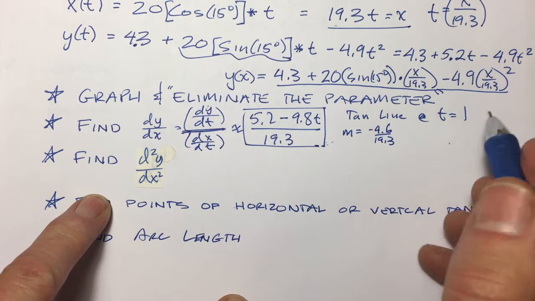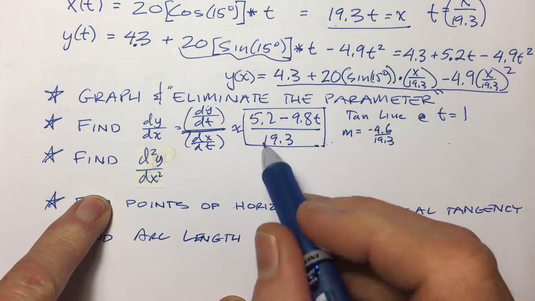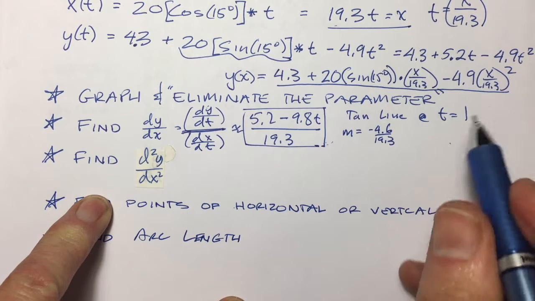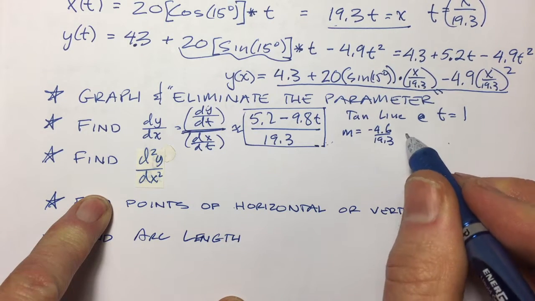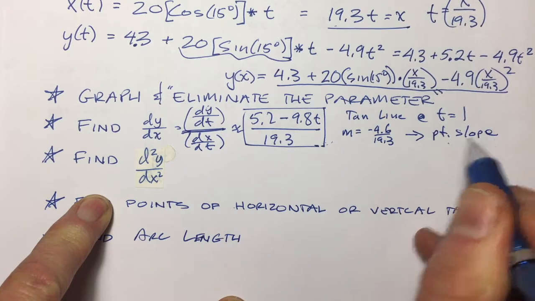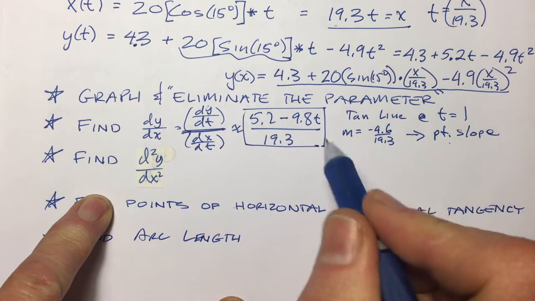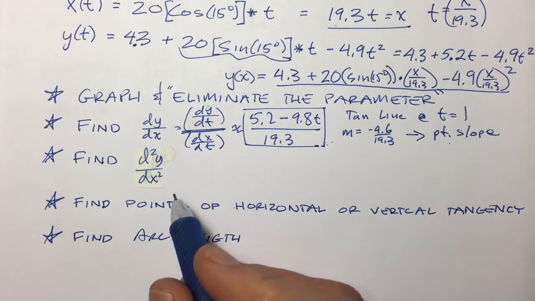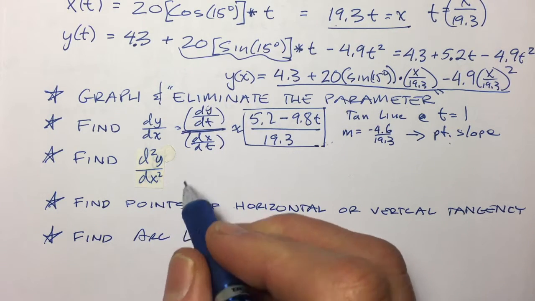When I'm at t equals 1, I'm at 19.3 for x, and I could just put that in, evaluate it for y, and then put that into point slope form. And that's the easy way to go. And you can just keep it in its ugly decimal fractions. You do not need to simplify it, especially, obviously, if this is in a no calculator portion of the AP exam.